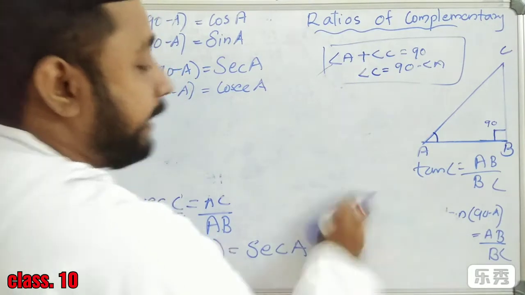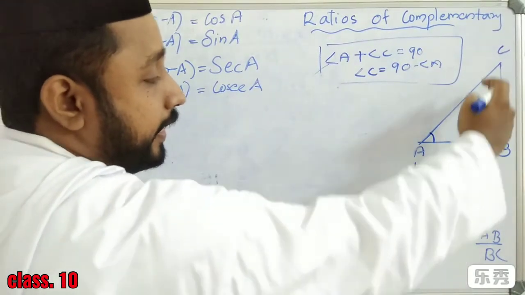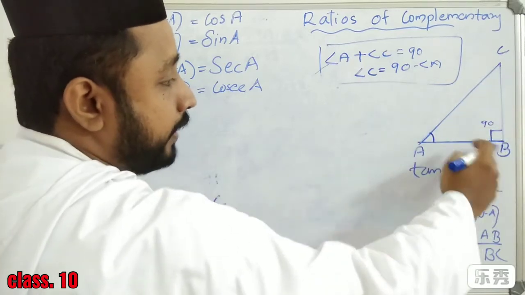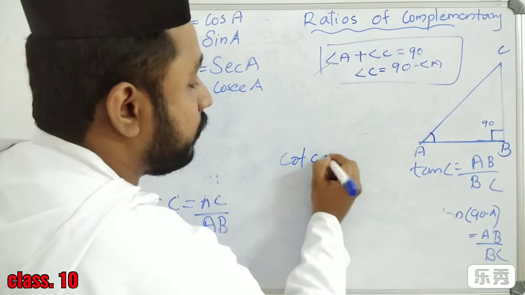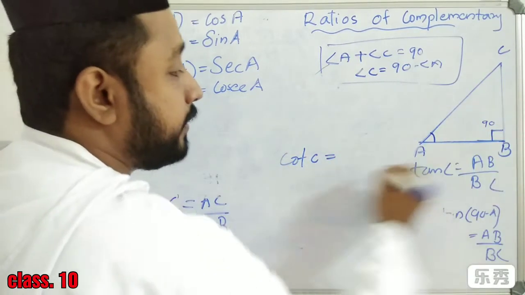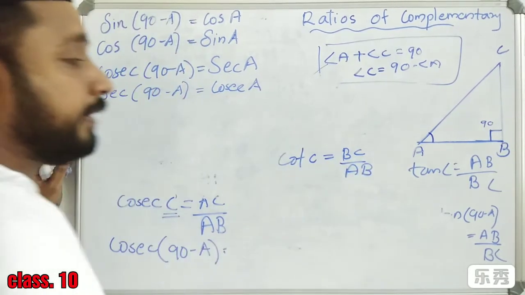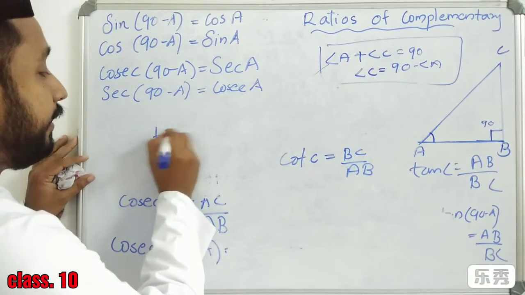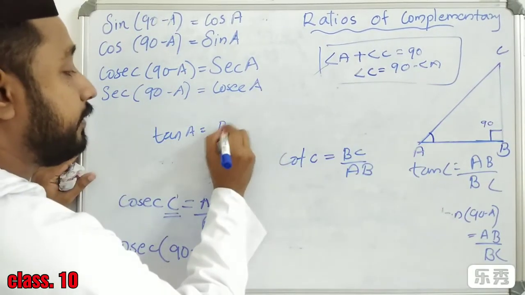Let us consider tan C and tan A. Tan C means opposite side by adjacent side, AB by BC. What about cot C? Cot C is BC by AB. What about tan A? Tan A is equal to BC by AB. Isn't it?